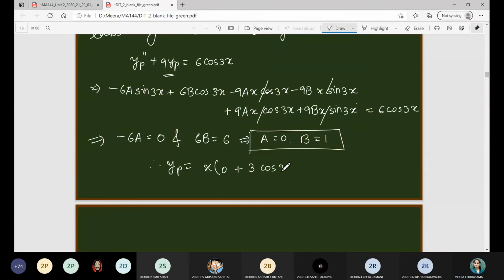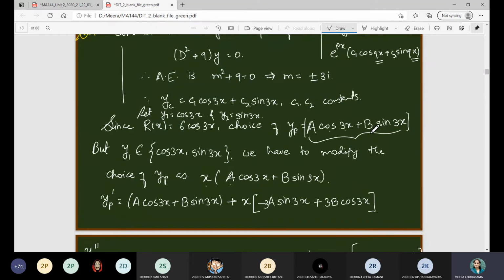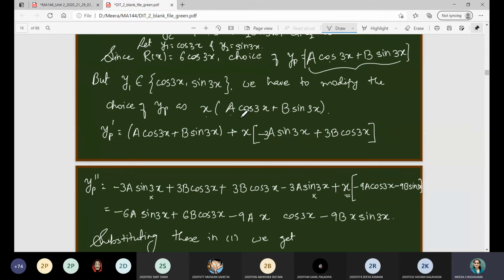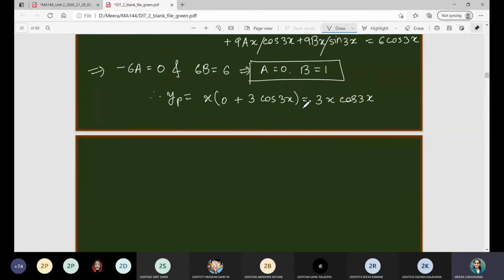Just wait, let me verify. a is 0, b is 1 with sin 3x, sorry. So x into sin 3x will be the final particular integral.